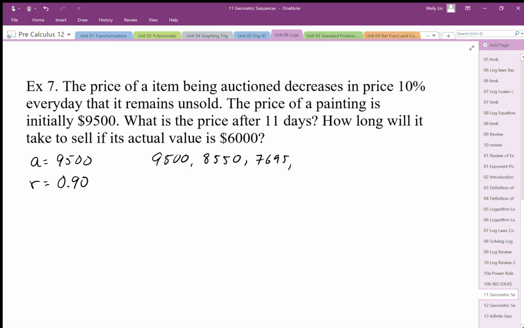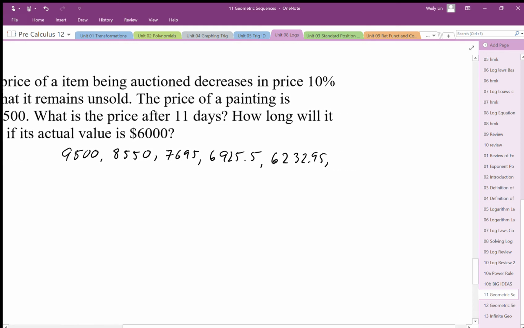So I get 6,925.5, and then 6,232.95, and the next step actually drops me below 6,000. So I know it must have happened somewhere in here.